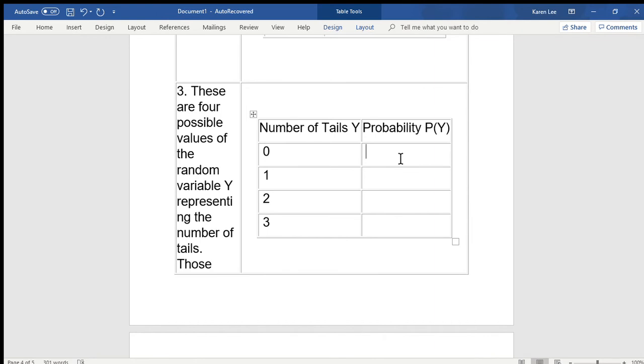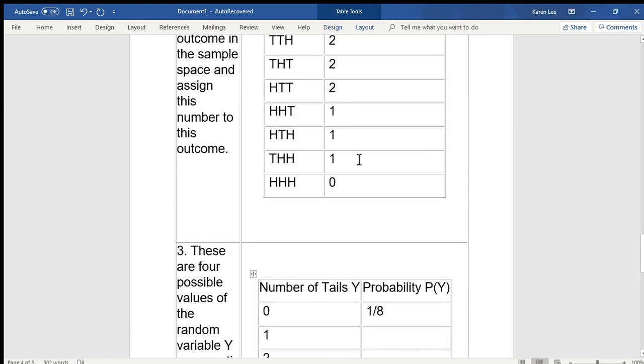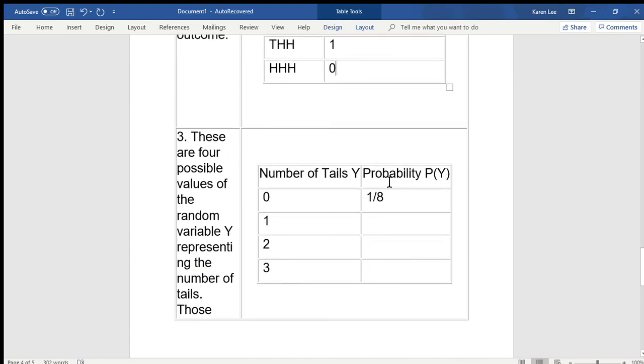And here, 0 tails occurs once. So, the probability that we shall assign to the random variable 0 is 1 over 8, since we saw it only once.